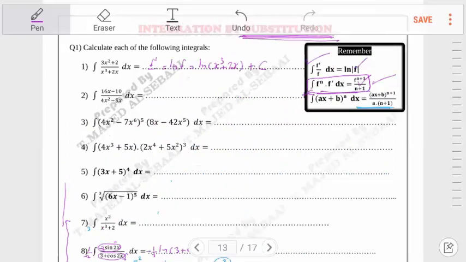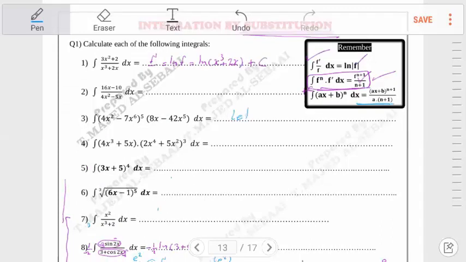If I say let u equal x to the power of 3 plus 2x, so du equals 3x squared plus 2 dx.